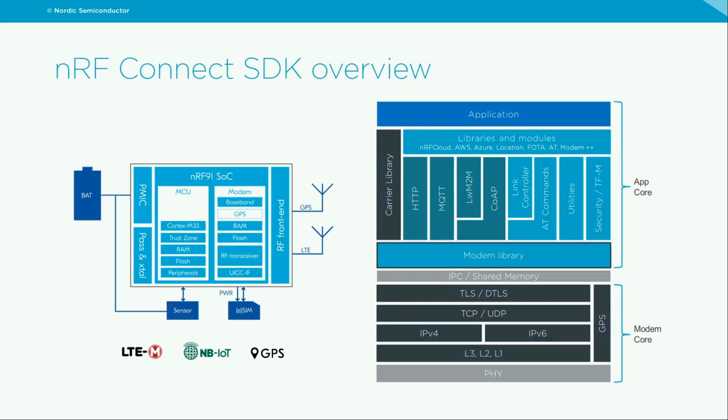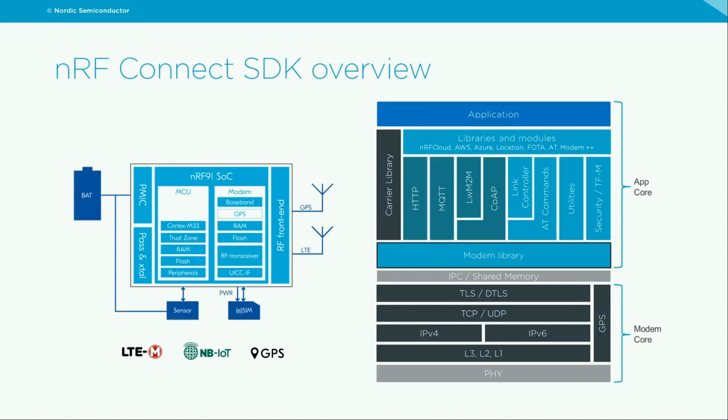On top of that, we have the internet protocols or middleware, which is using the TCP, UDP, TLS, and DTLS sockets provided by the modem library, and implementing stacks like HTTP, MQTT, CoAP and lightweight machine-to-machine on top of that.